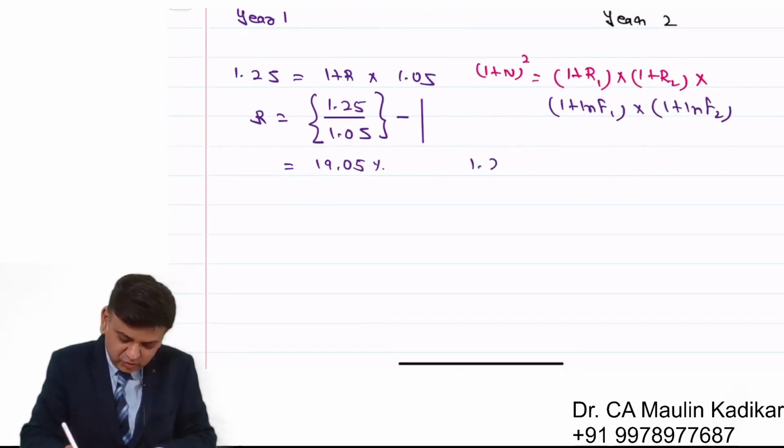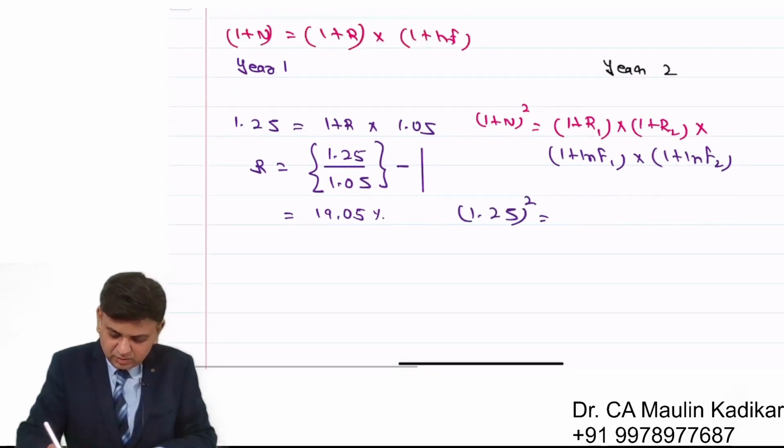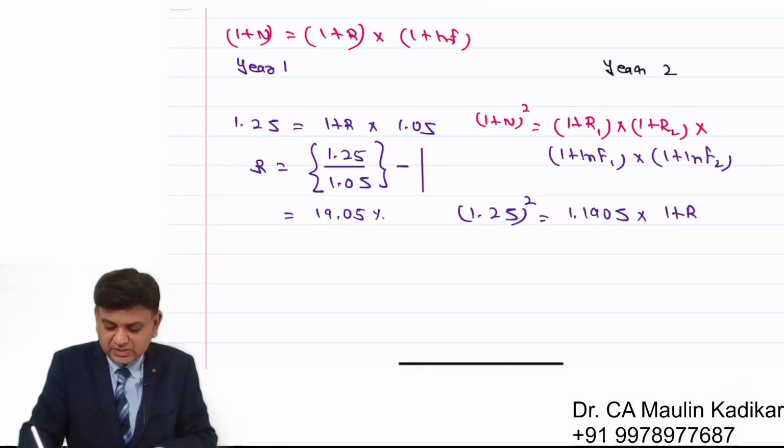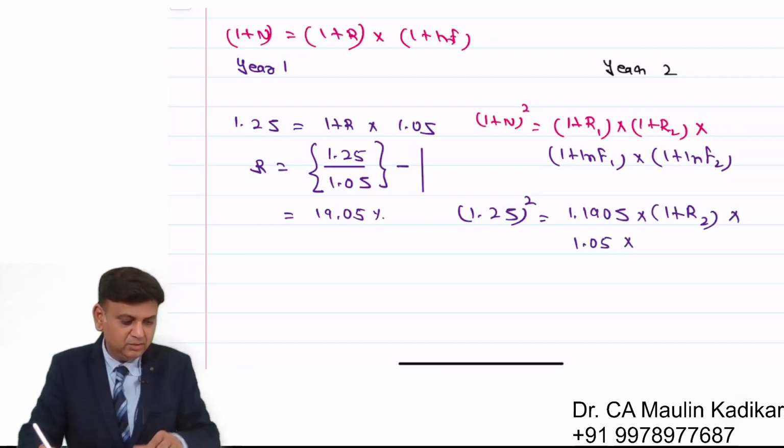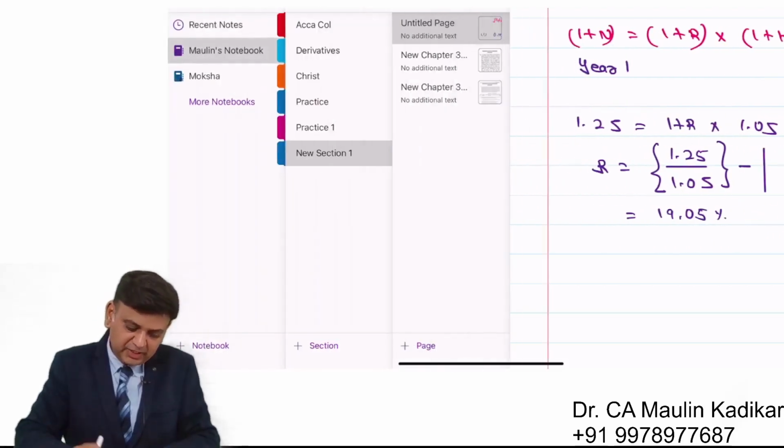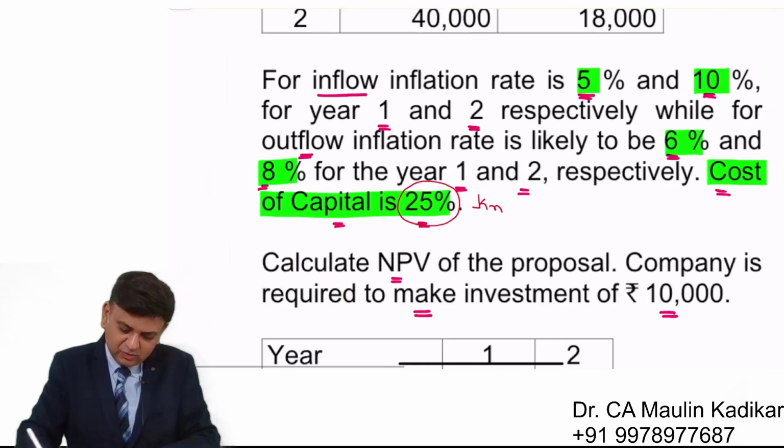So it is 1.25 raised to 2 is equal to 1.1905 into 1 plus r for the second year into 1.05 into 1.10, because for inflow the second year inflation rate is given to us as 10%.